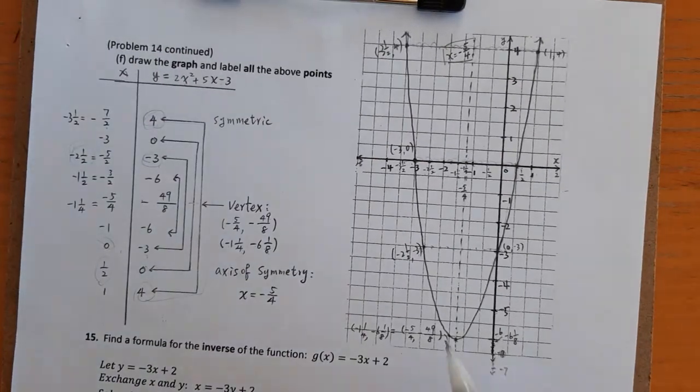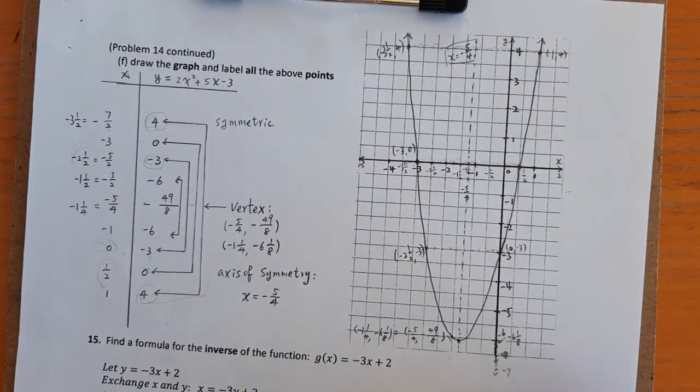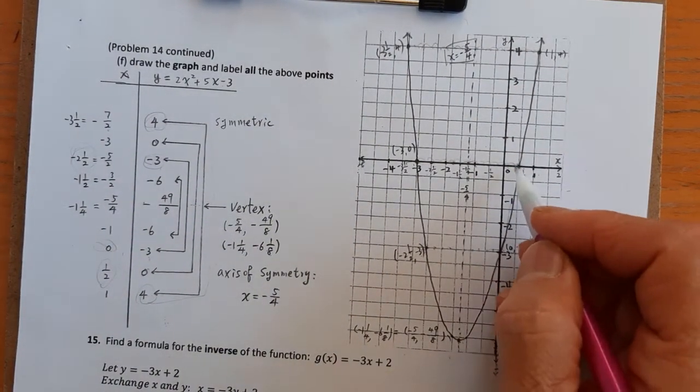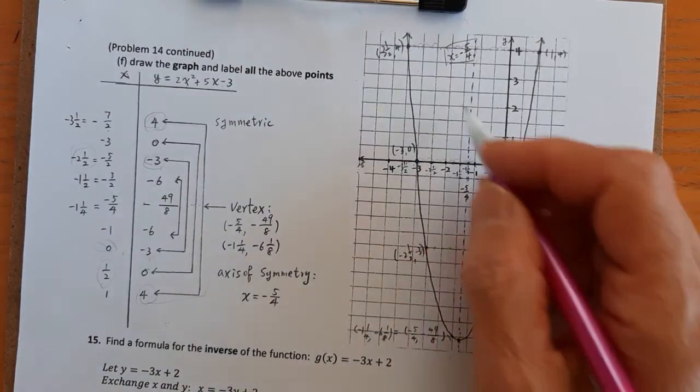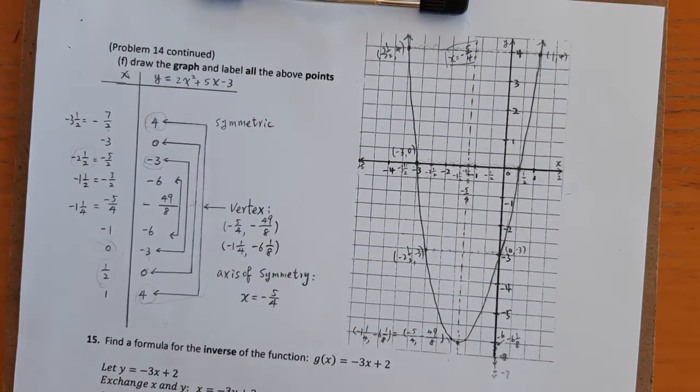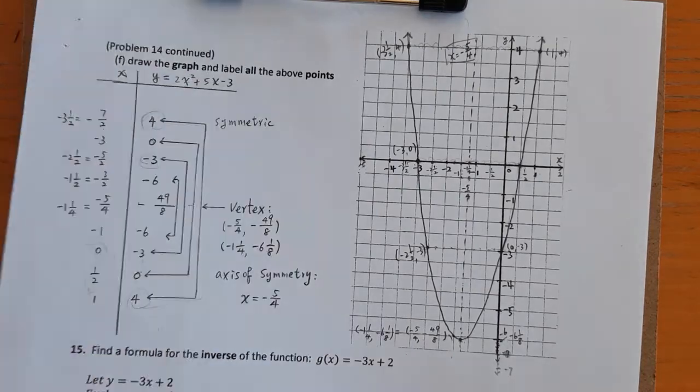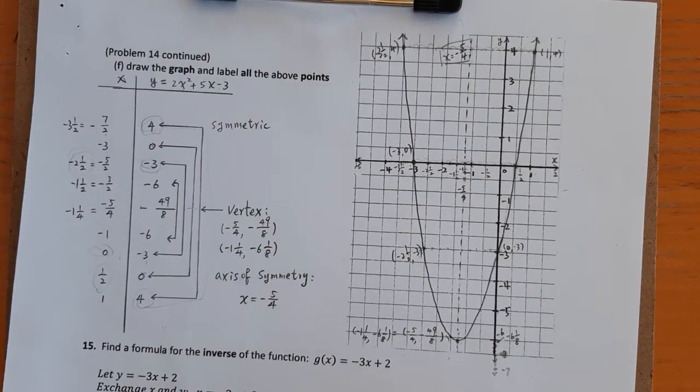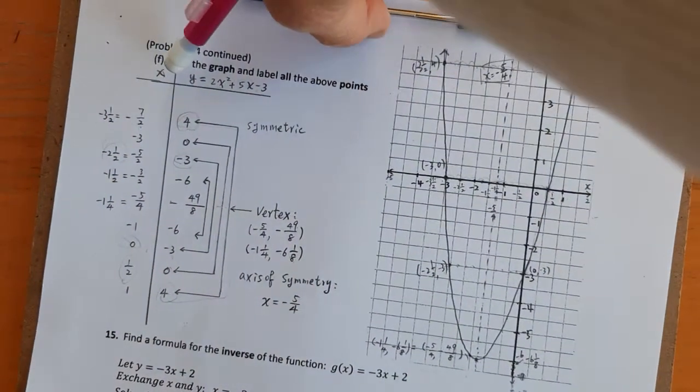And you have to show the vertex, axis of symmetry, y-intercept, x-intercept, and label all of it. That's question 14. And then question 15.